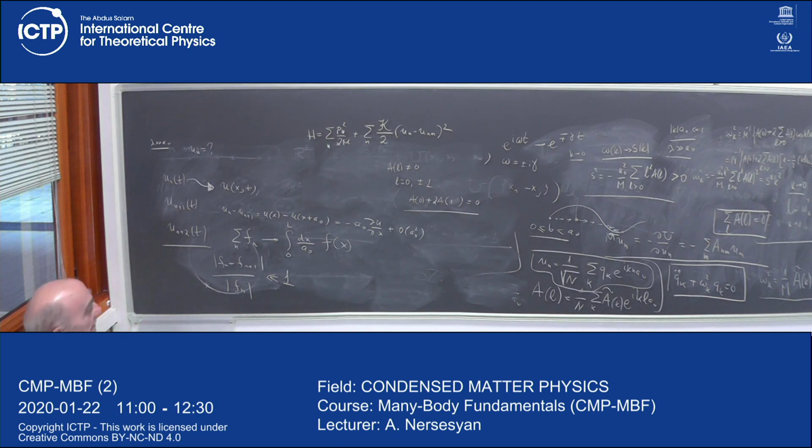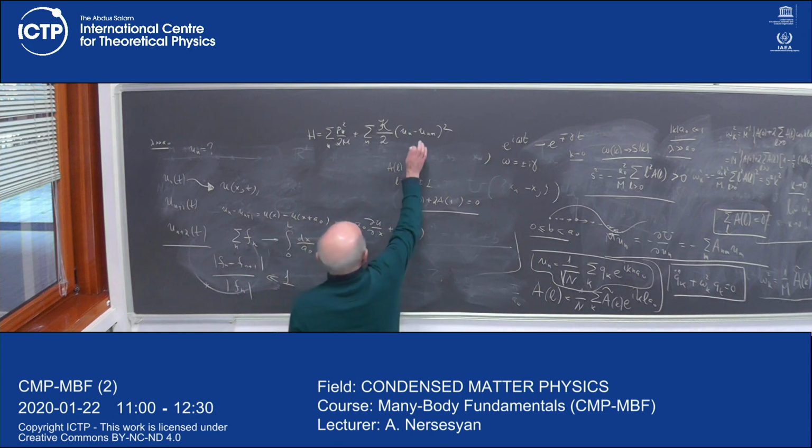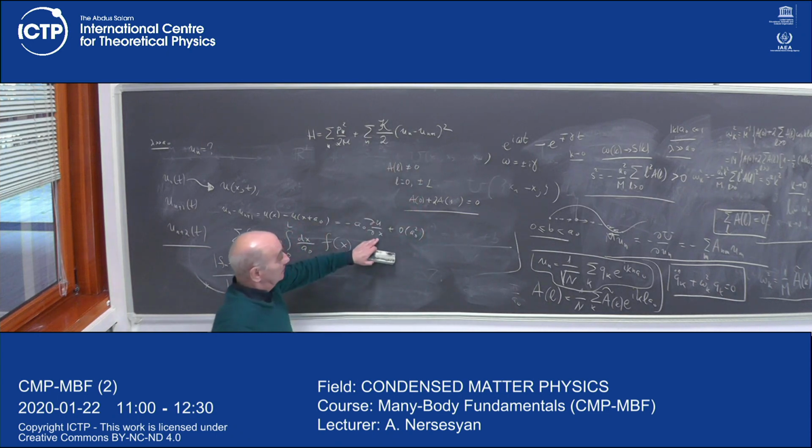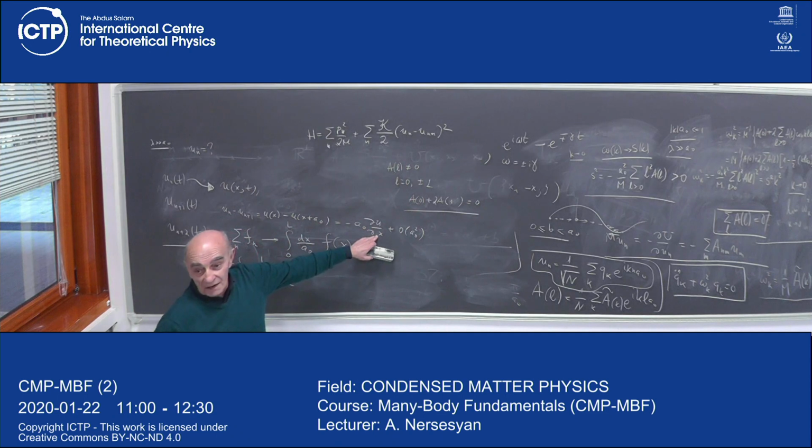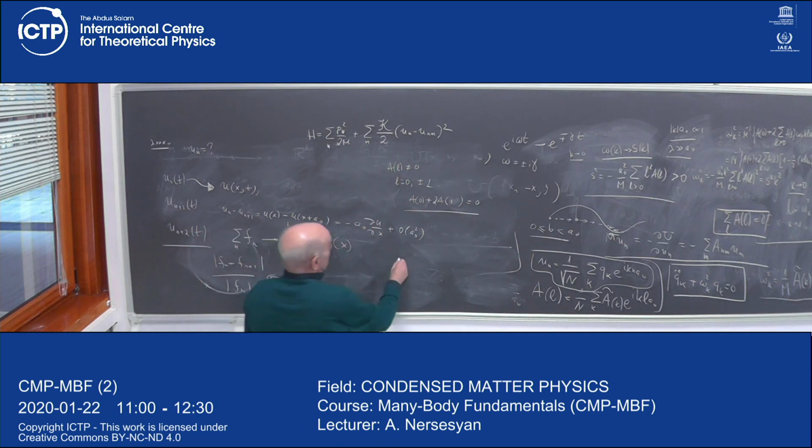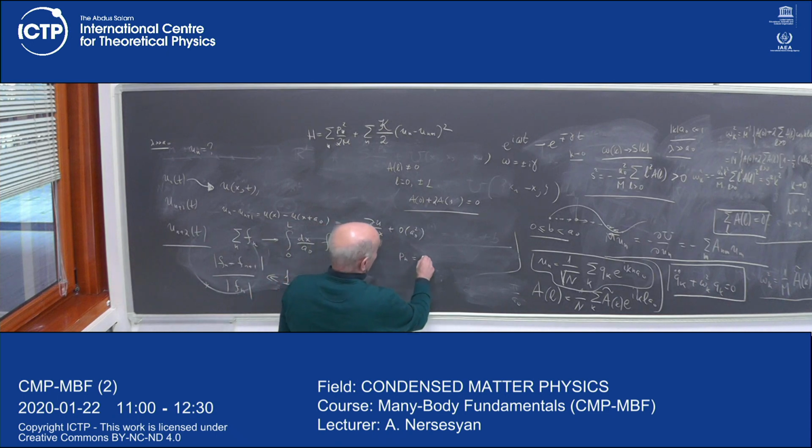Right. Well, we are done, because everything now looks fine. This quantity transforms to the second derivative of the displacement field. This quantity Pn is of course the mass times un dot.